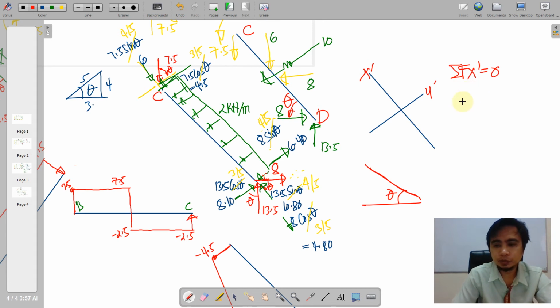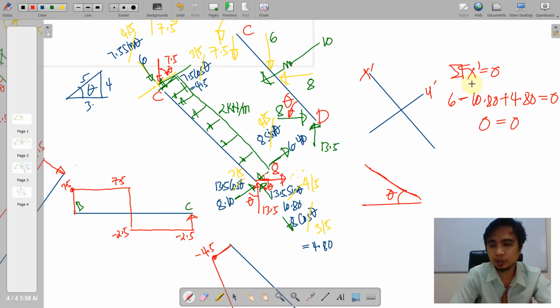So summation forces along x prime is right towards 6 here minus this force, which is 10.8, and then right towards here 4.8. So basically, if we sum up these numerical values, it will yield to 0. Okay, so we have just satisfied the equilibrium along the rotated axis x.